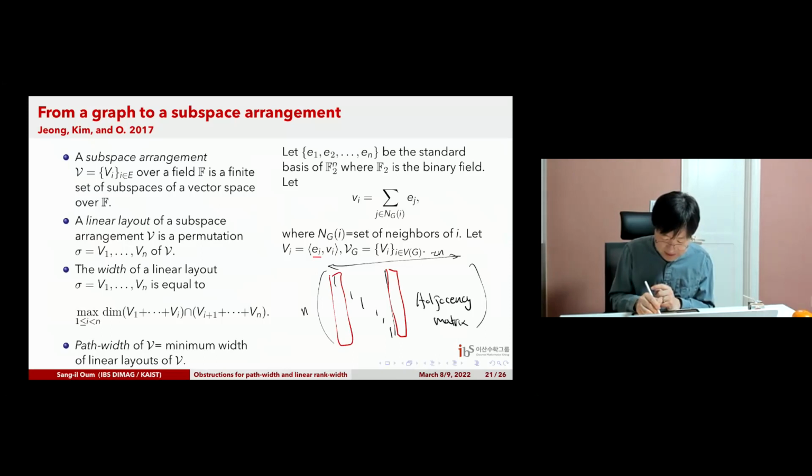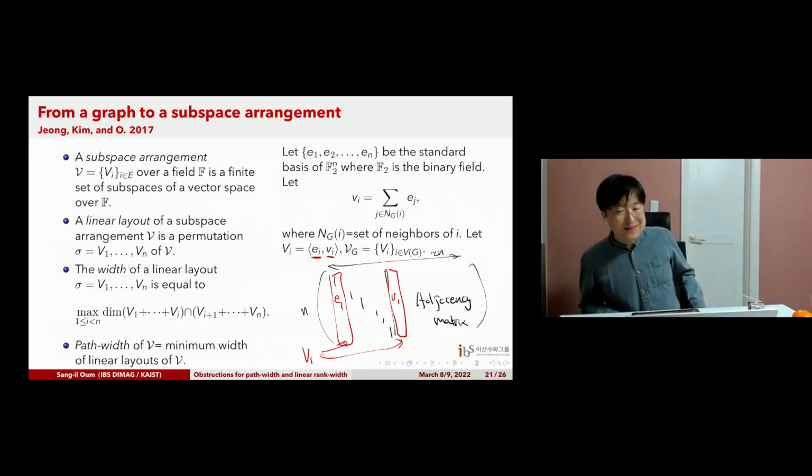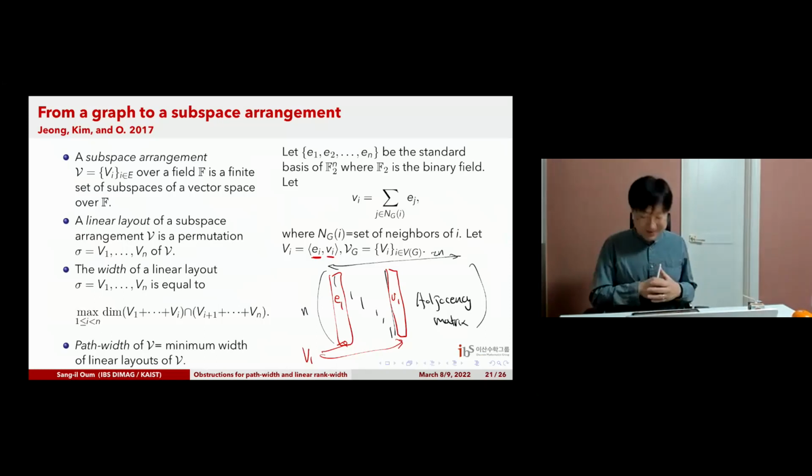That's what I mean by Ei and Vi. So this is E1 and V1, and take the span of E1 and V1. That's going to be my first subspace V1. And the span of E2 and V2 is V2. And the span of the third column of the identity matrix and the third column of the adjacency matrix is going to be V3. So we collect these two-dimensional subspaces, and it's a subspace arrangement arising from graphs.